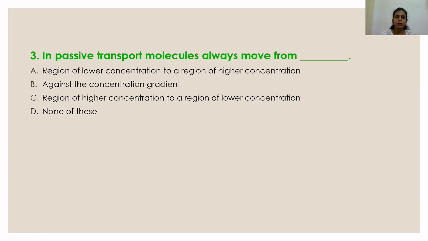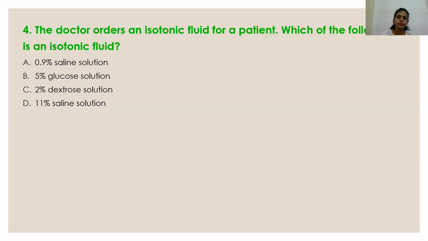Next, in passive transport, molecules always move from a region of lower concentration to a region of higher concentration, against the concentration gradient, or C, from a region of higher concentration to a region of lower concentration, or D, none of these. The correct answer is C, because in passive transport, that is diffusion and osmosis, the molecules will always move from a region of higher concentration to a region of lower concentration.